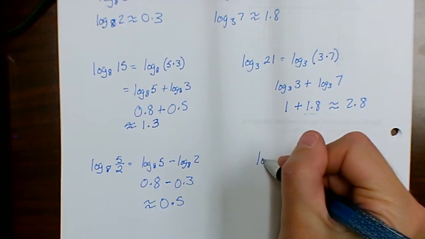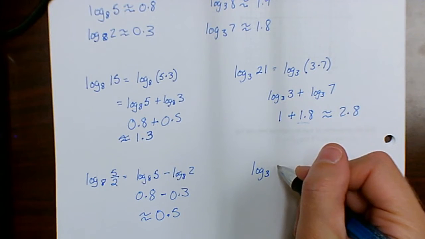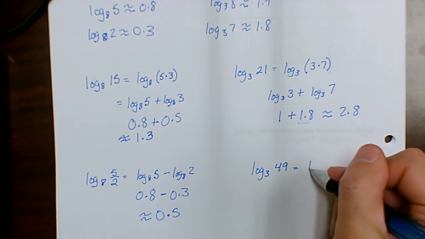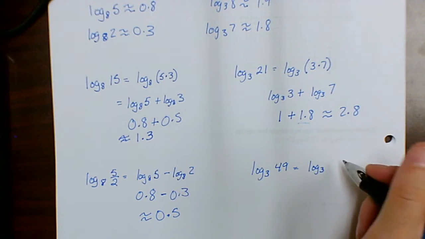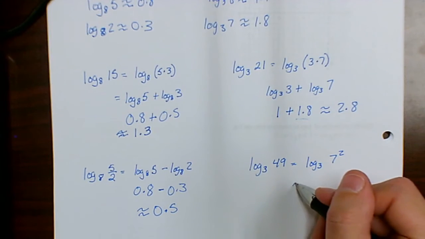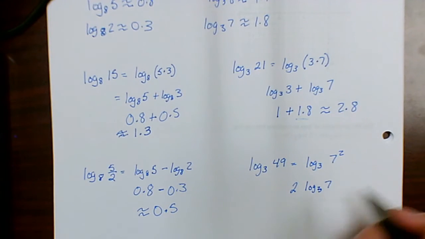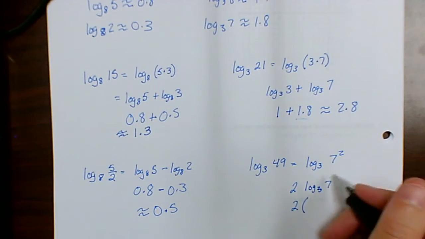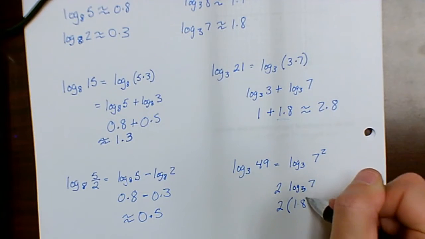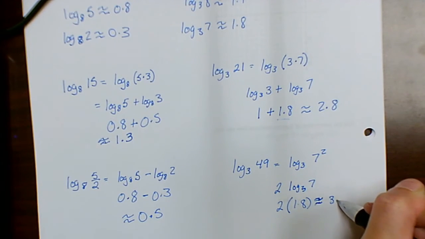We can have log base 3 of 49. Well, that is the same thing as log base 3, and I'll show you two ways of doing this. This is 7 squared, so we can bring out the 2. 2 times that, 1.8, that is approximately 3.6.